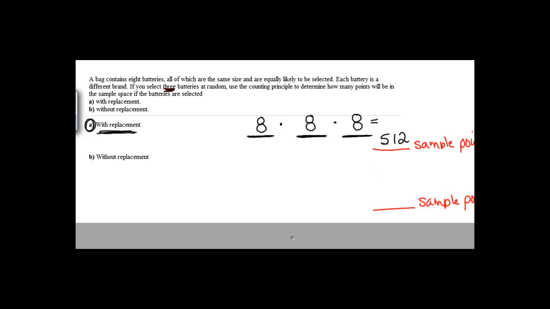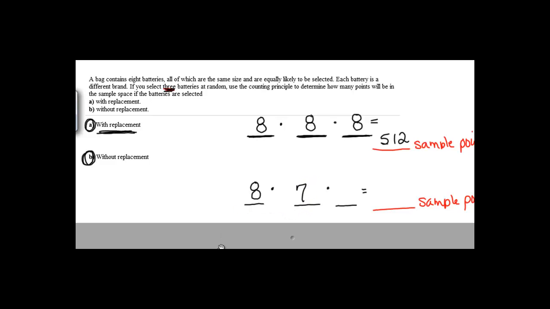And now let's work that same problem, but this time we're going to use without replacement. So again, I'm going to use the counting principle. I'm still selecting 3 batteries. When I draw the first battery, there are 8 to choose from. But without replacement means that the one that I've selected, I'm not going to put back into the bag. So on the second draw, instead of there being 8 batteries, there would be 7.